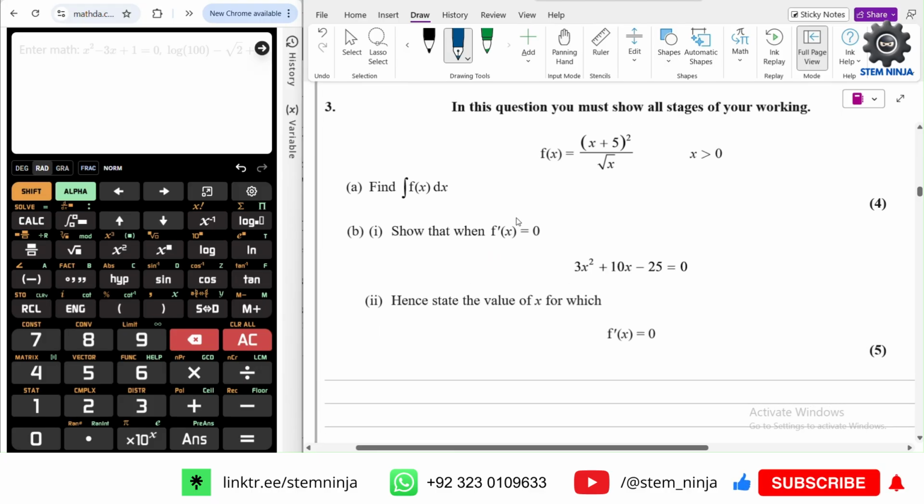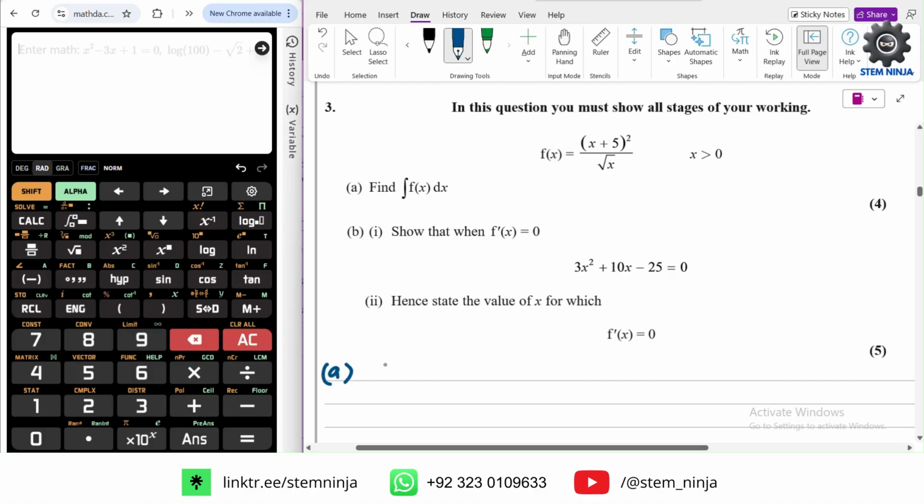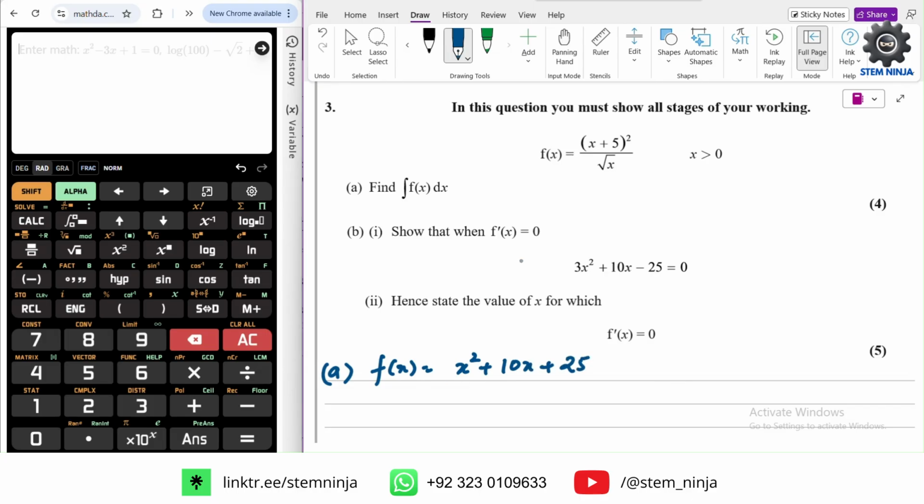Find the integral of f of x, where f of x is x plus 5 whole squared over root x. Okay, so first off, we need to rewrite f of x by first expanding the square. This would be x squared plus 10x plus 25, divided by root x on all the terms.